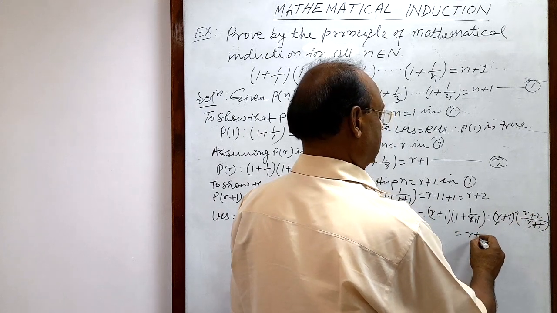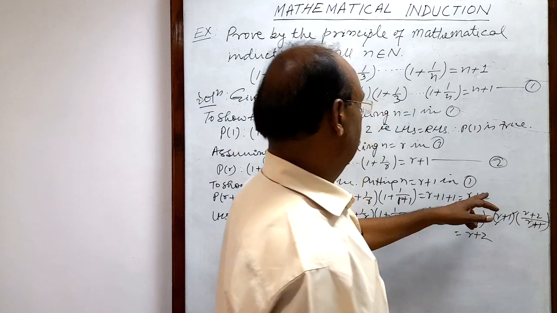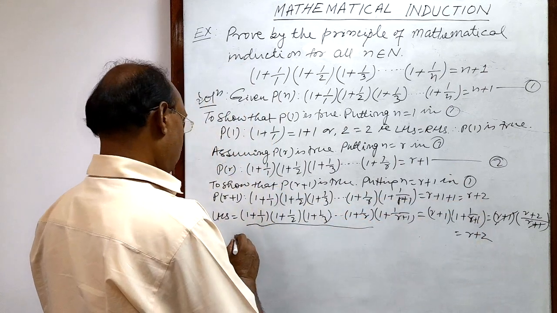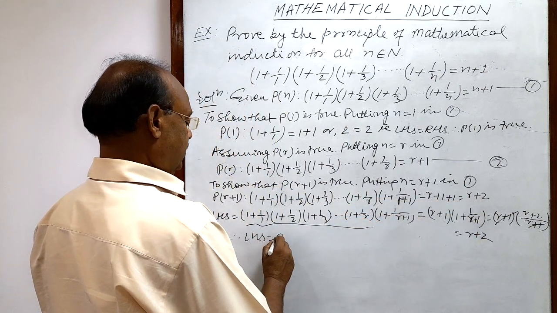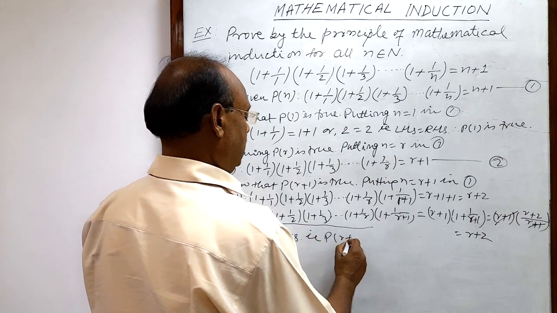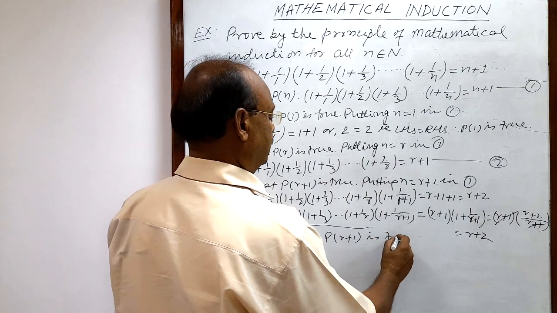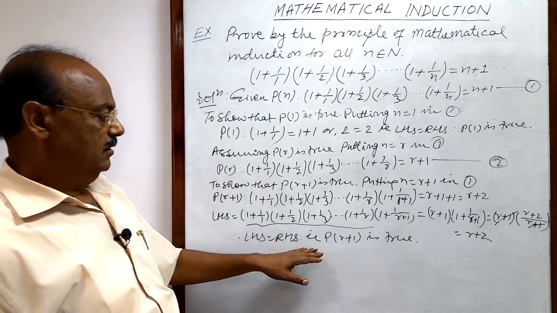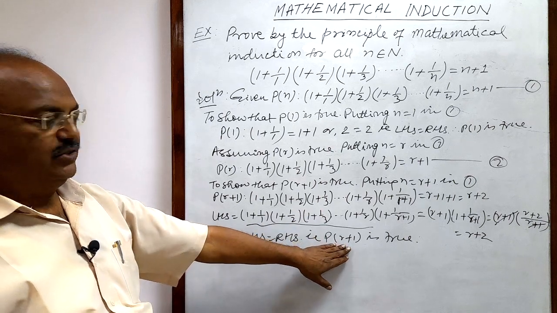So we are getting r + 2, which is the right hand side here. Therefore we are getting LHS is equal to RHS. That is, Pr+1 is true. So the third step is over here, where we showed that Pr+1 is true.